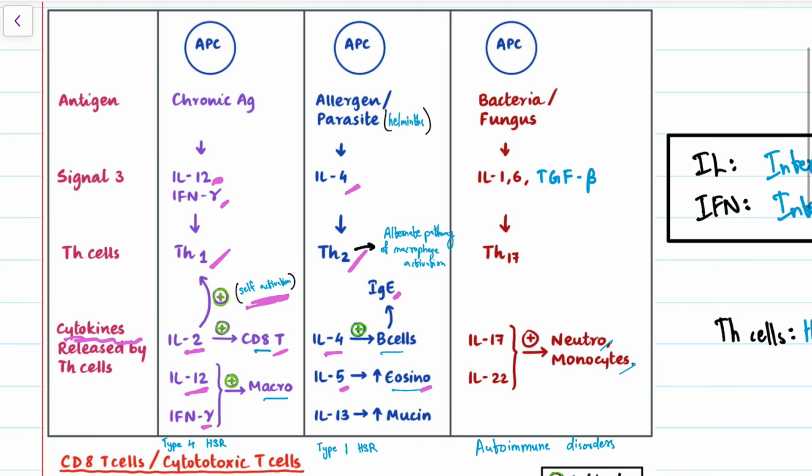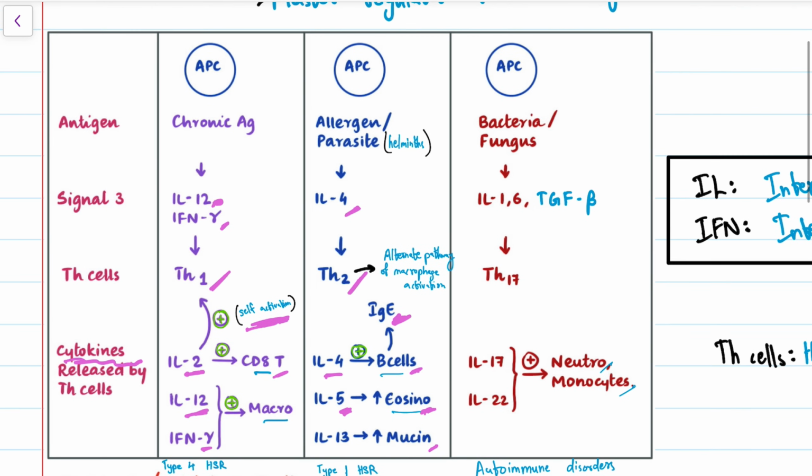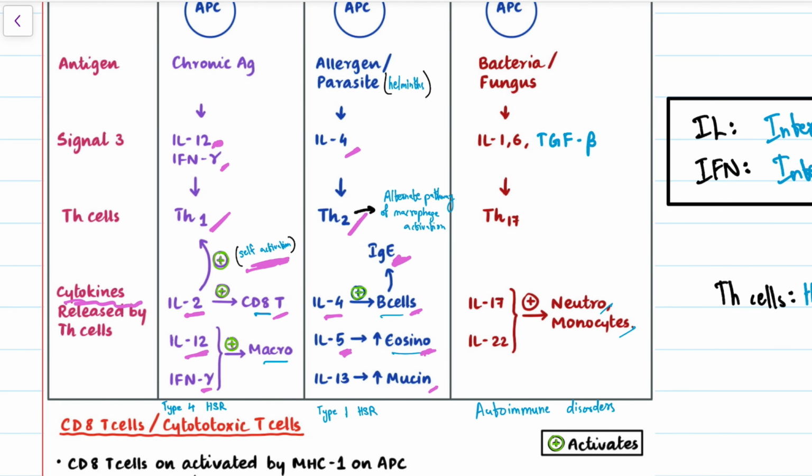So this interleukin 4 activates the B cells, and these B cells activate the plasma cells, and the plasma cells release immunoglobulin E especially. Then interleukin 5 causes an increase in eosinophil count, and interleukin 13 causes an increase in mucin production, and this works by the type 1 hypersensitivity reaction.